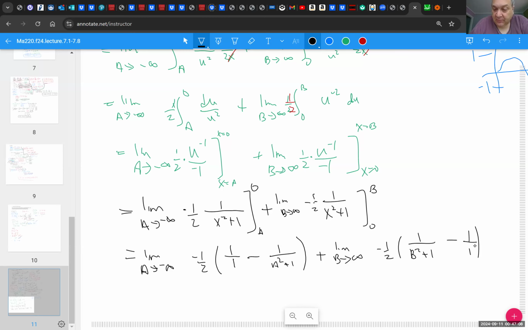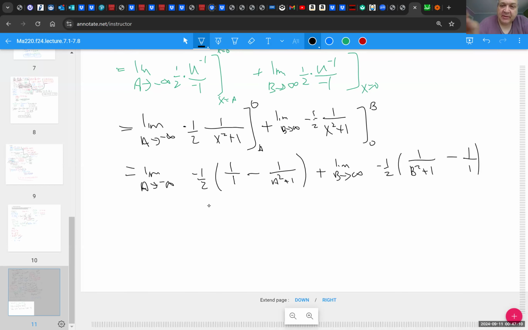Okay, so what happens when I plug in negative infinity? Remember, a is approaching negative infinity. Here's where an a is. There's no a in that first guy, so this is just going to be 1. It's not going to be anything different. So what do I have here? I have 1 over a squared plus 1. Negative infinity squared is going to be positive infinity.